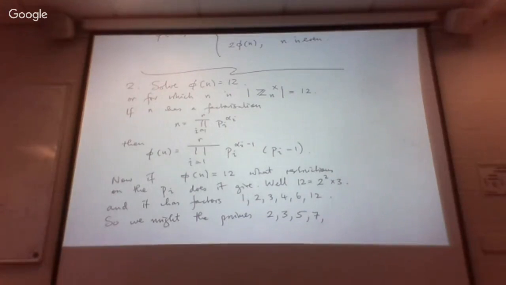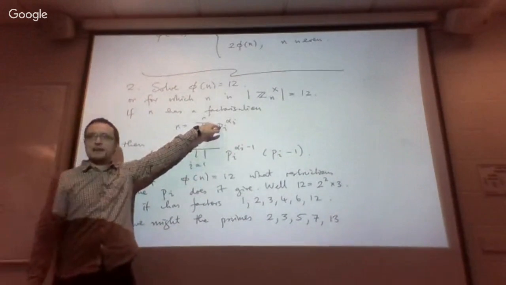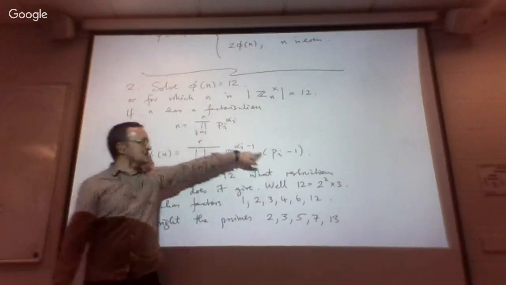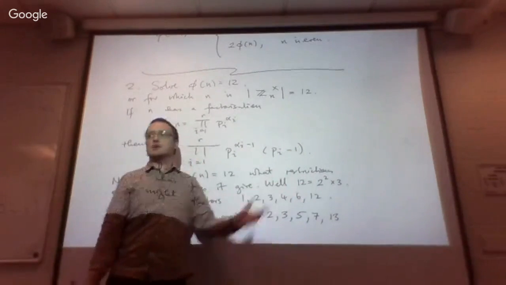Any other primes? One more prime that we should consider: 13. While we wouldn't want any 13's to survive down here, so we'd only allow it in with a maximum power of 1, this factor would generate a 12, but that doesn't cause any problems because 12 is a factor of 12.